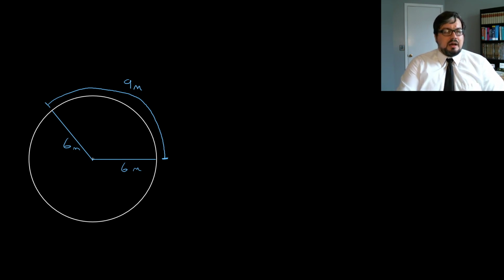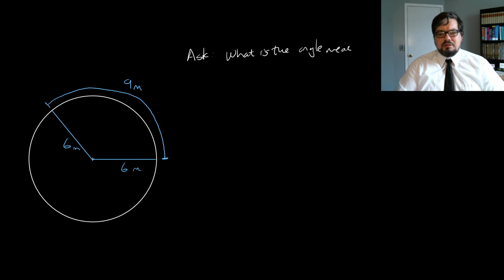And so we want to ask 2 questions. Let's ask, what is the angle measure of theta, where theta is the angle going between the 2 drawn radii of the circle?